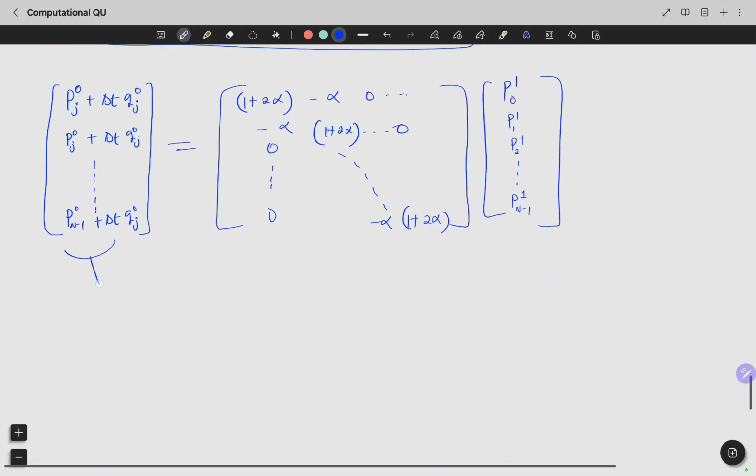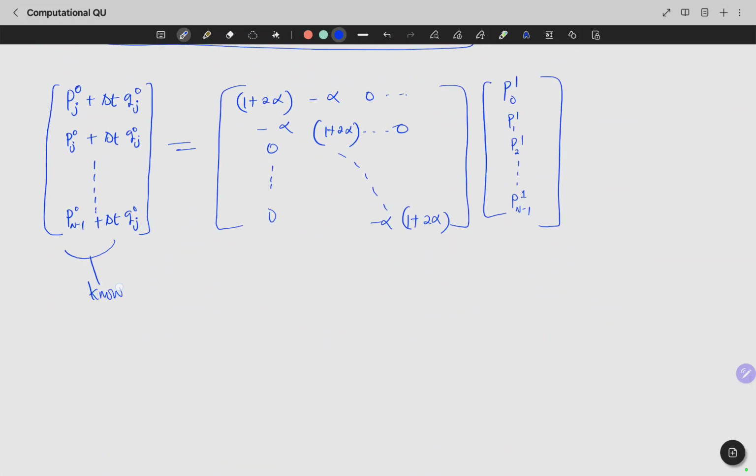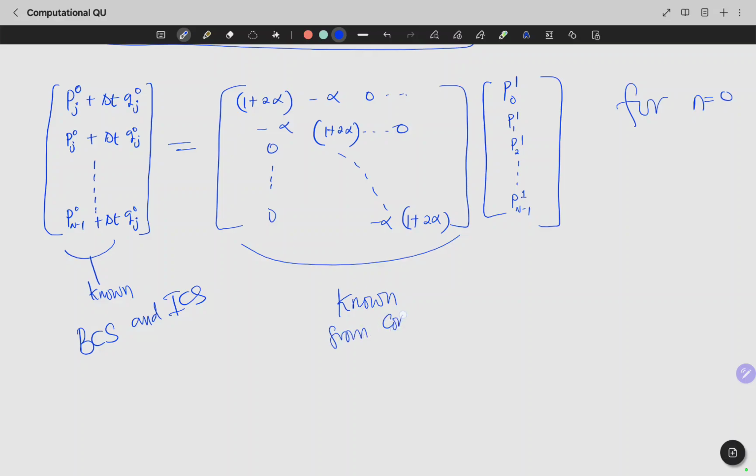These ones are known for n equals 0. These ones are known from the boundary conditions and initial conditions. These are known from constants.